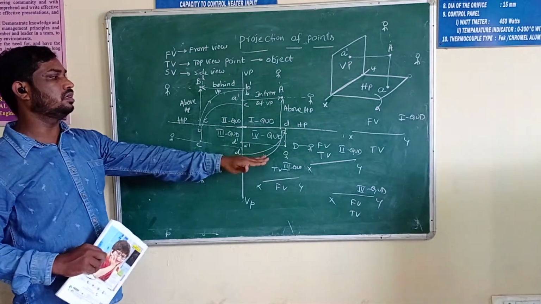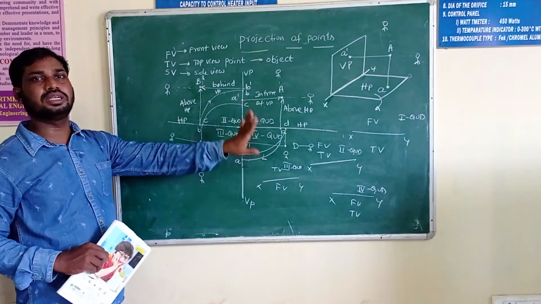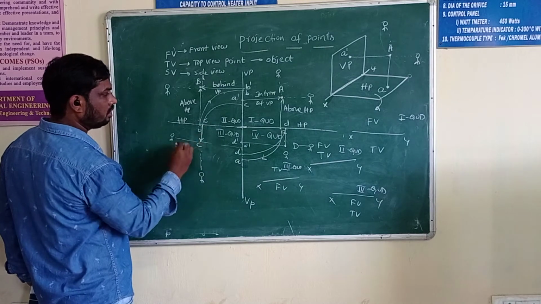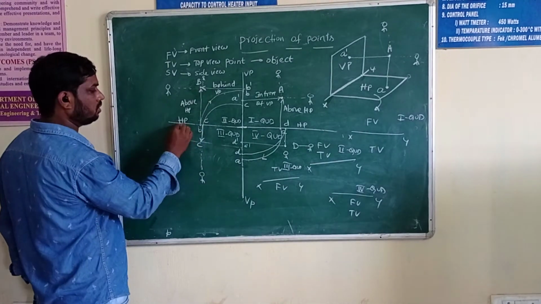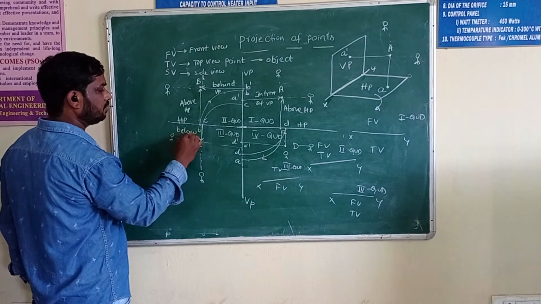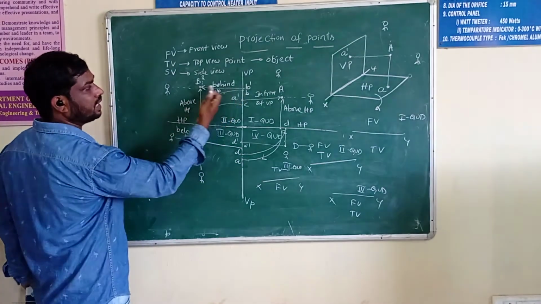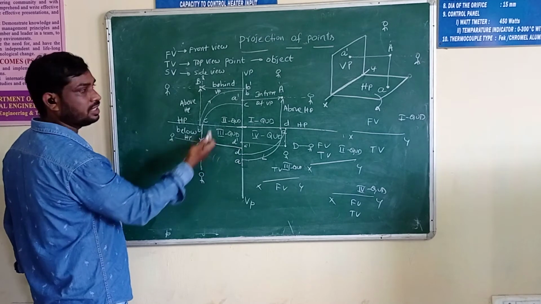After that, where you are getting the front and top view is very important. And this is the C point. This is above, already taken, so we are taking this one as below HP. And this one is behind, already taken behind me, so this one is also behind, in the same direction.